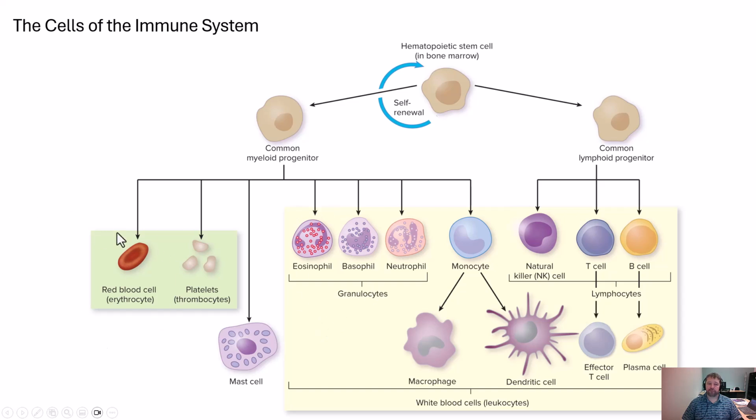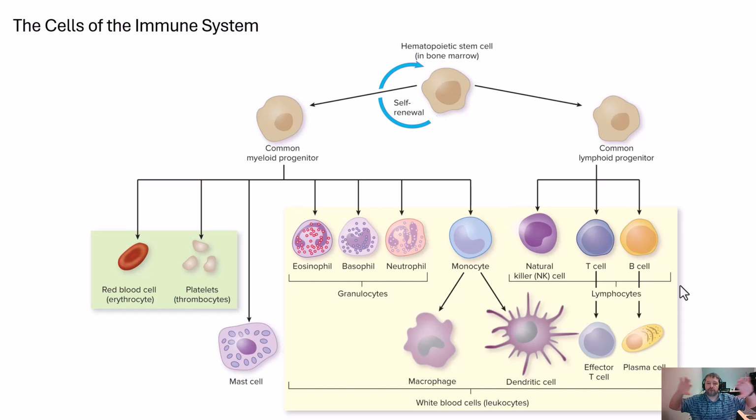Or, if you're low on red blood cells, it'd be an erythrocyte, or if you need more platelets, it's going to be a thrombocyte. But that's the myeloid progenitor side. If it's a lymphoid progenitor, then it's going to be the white blood cells that we often call lymphocytes or related to lymphocytes, and that's more the adaptive immune response.